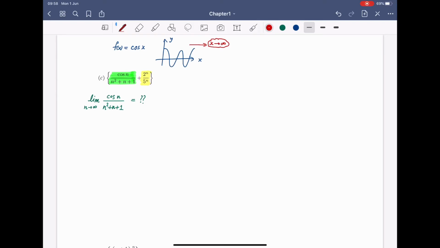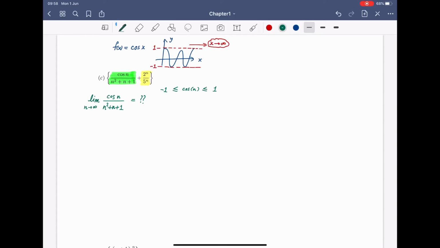My idea, and this is what you should use, is when you see cosine, you should start by thinking of the squeezing theorem. I will show you the technique here. Because cosine is always bounded by -1 and 1, what we have is cosine n is between -1 and 1, all the time.